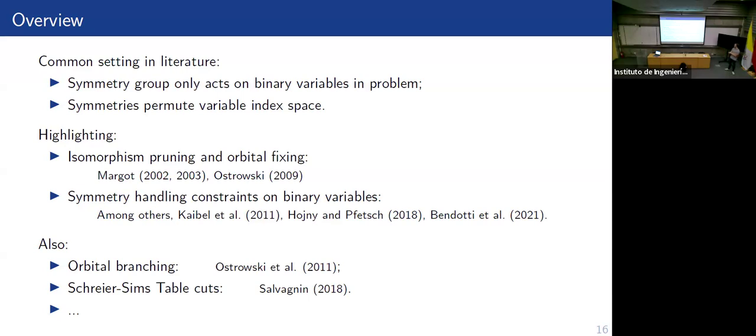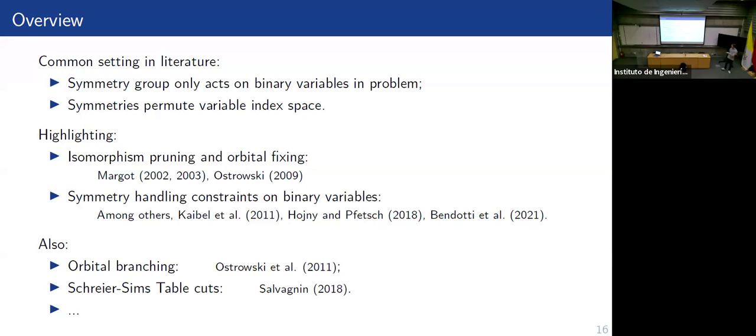What happens in the literature is very often they are considering binary programs, or at least settings where the symmetries operate on the binary variables within an optimization problem. And also they consider the settings where the symmetries are exactly the permutations of the solution vector.